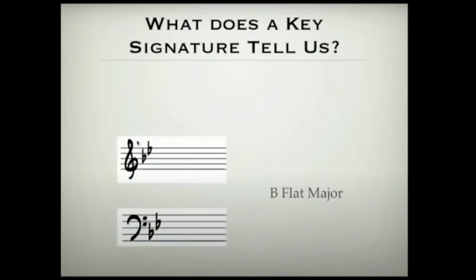It lowers it a half step. Well done. So let's look at a B flat major scale. We're going to go on our keyboard. Let's bring the keyboard up so you can see it.